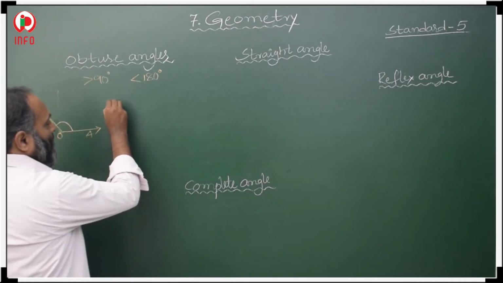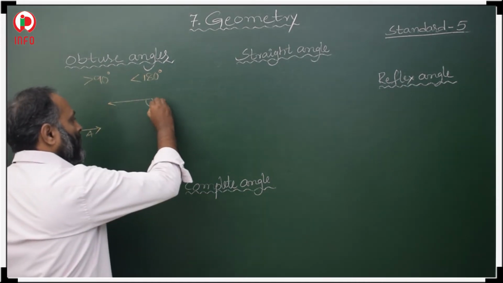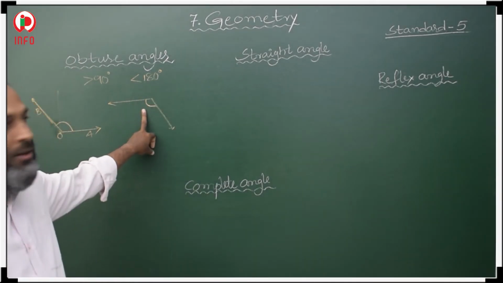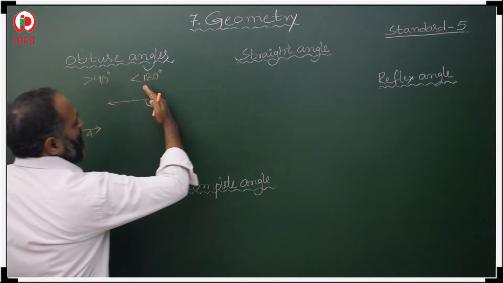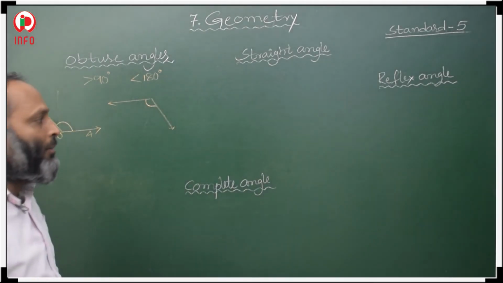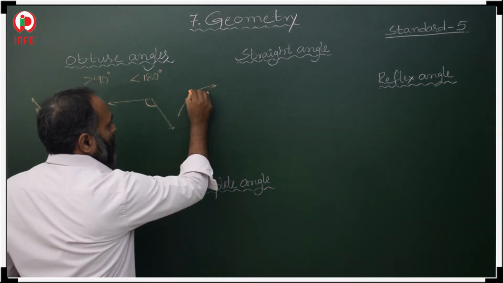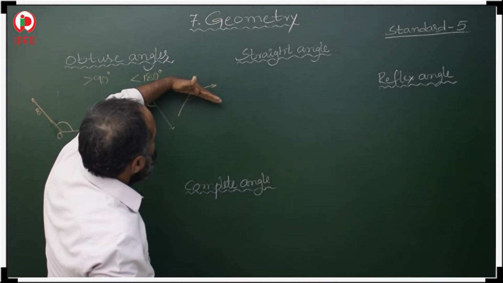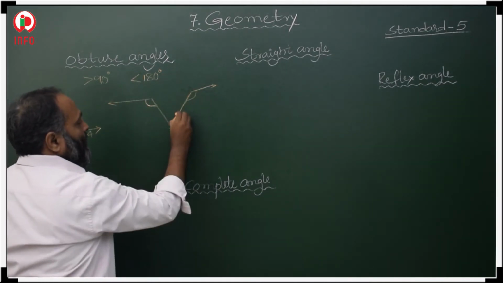And how can we draw an obtuse angle? Like this we can draw. Here we represent the angle. This is an obtuse angle. Till here we have 90 degrees in L shape. Once you go beyond, it is more than 90, so it is an obtuse angle. So all these angles are obtuse angles.